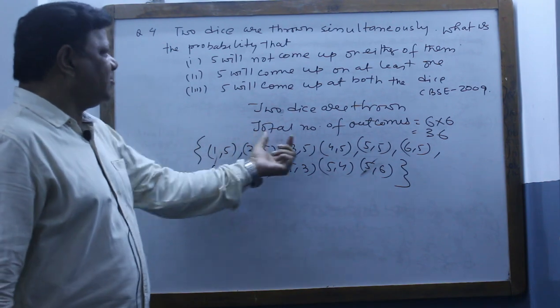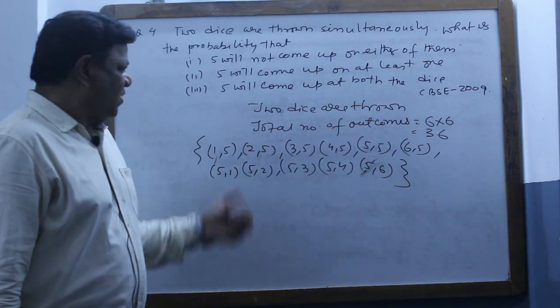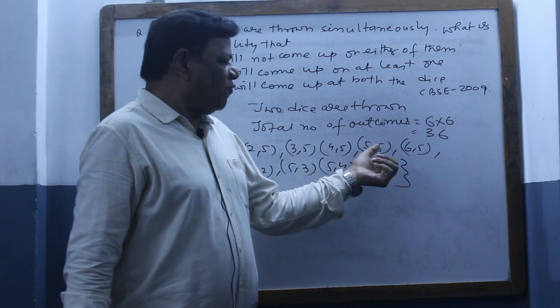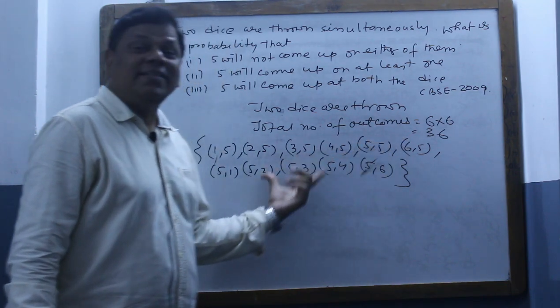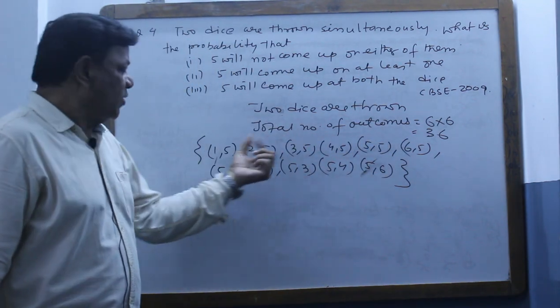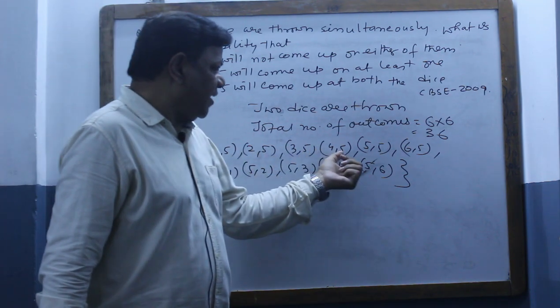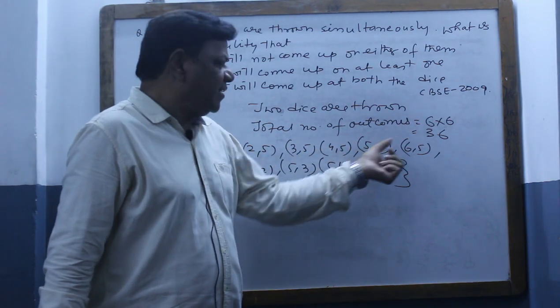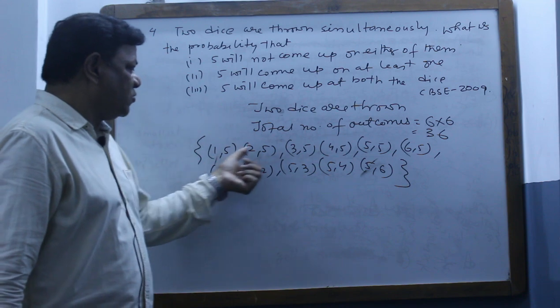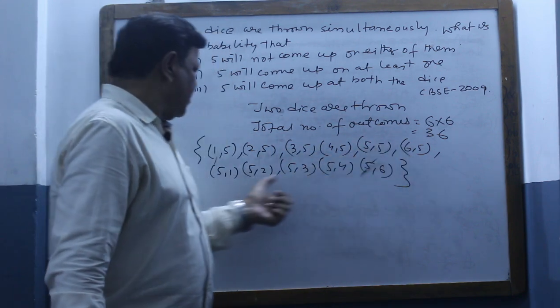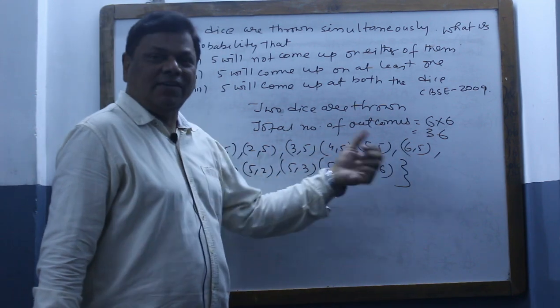Where 5 will come once or twice. 5 is coming once or 5 is coming twice. This is the main thing of this question. 5 coming once here, 5 coming twice on both sides, and here also coming 5,1. 1, 2, 3, 4, 5, 6, 7, 8, 9, 10, 11.